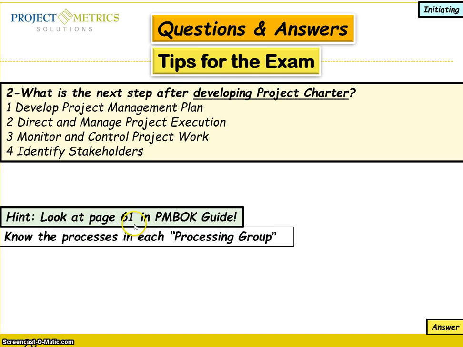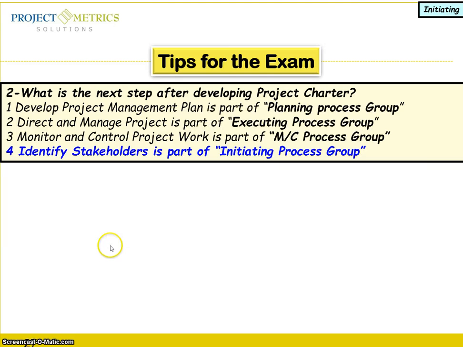Another example here, I'm going to use: what is the step after developing the project charter? I know now that you are an expert, and try to get page 61 in the PMBOK guide, and you know the processes in each process group. When you look at the question, I'd like you to look at one, develop project management plan, which is part of the planning process group.